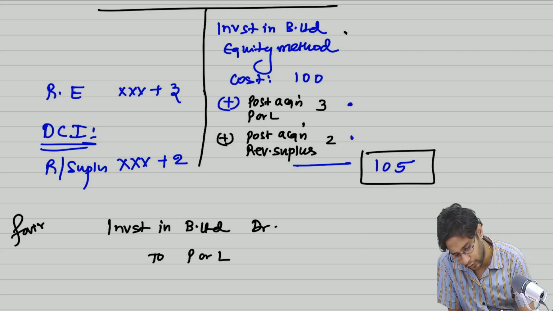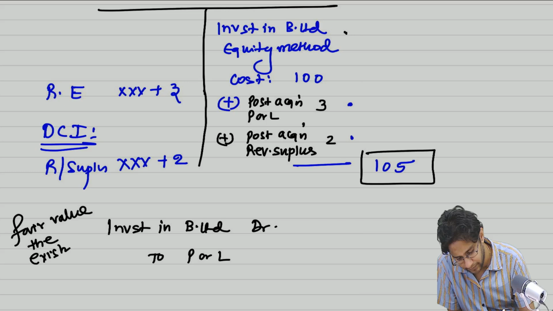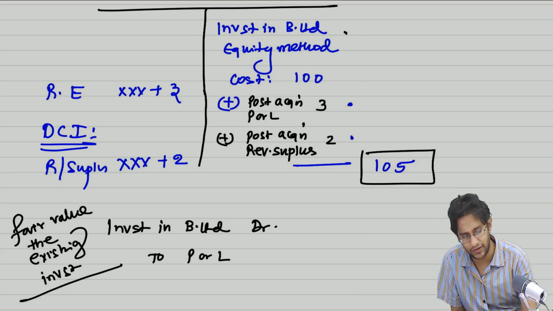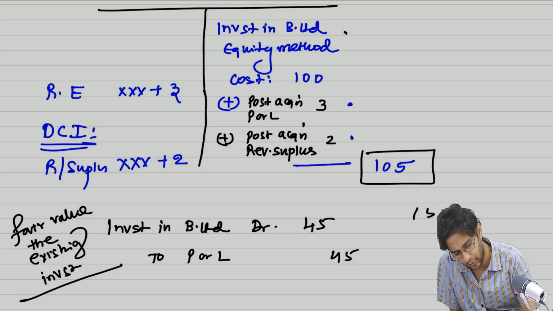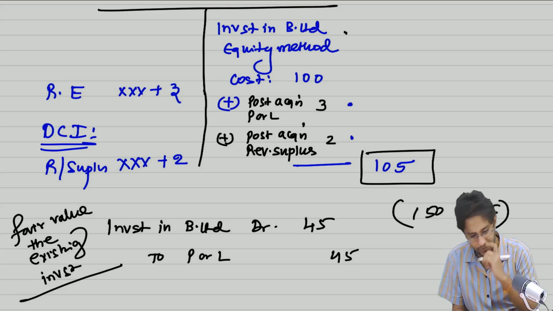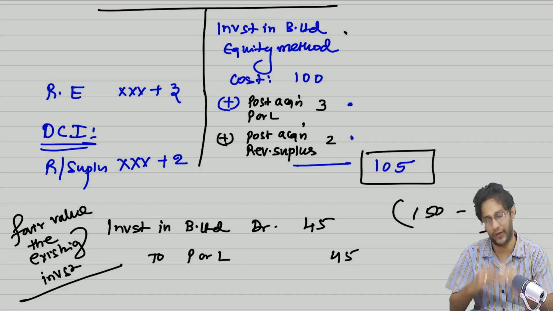So fair value of the existing investment, let's say fair value is 150. So 45, 150 minus 105. So investment 105 now became 150 in my books.